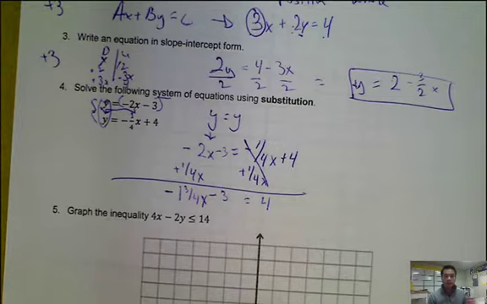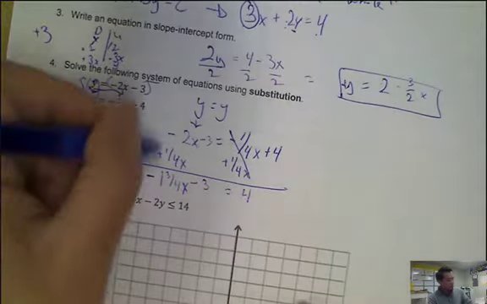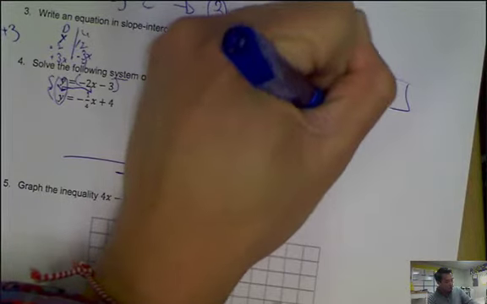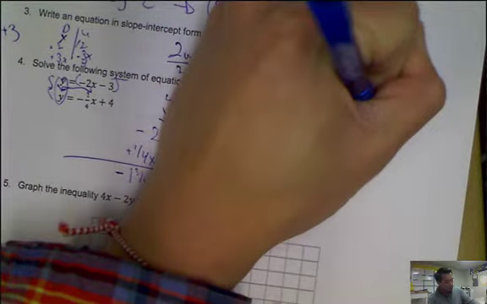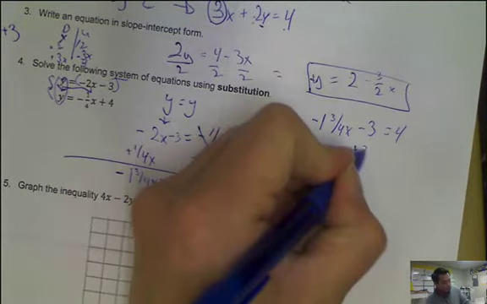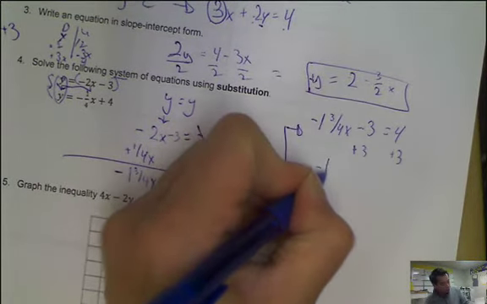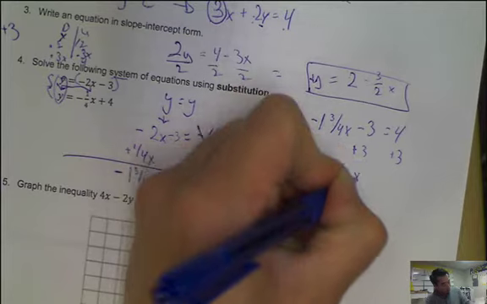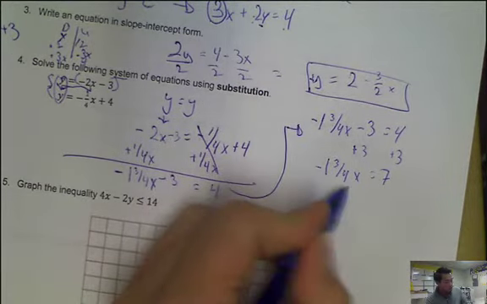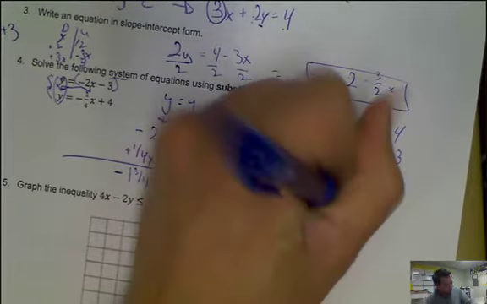Now some of you got confused at this step. When you have negative 1 3/4 x minus 3 is equal to 4, you add 3 to both sides. Negative 1 3/4 x is equal to 7. You divide both sides by negative 1 3/4.